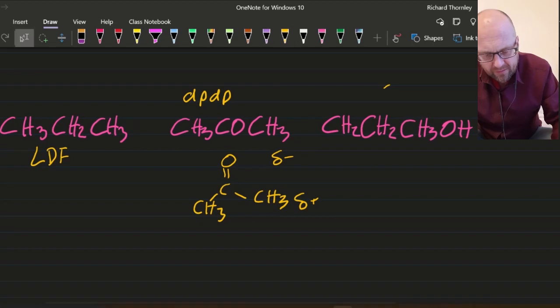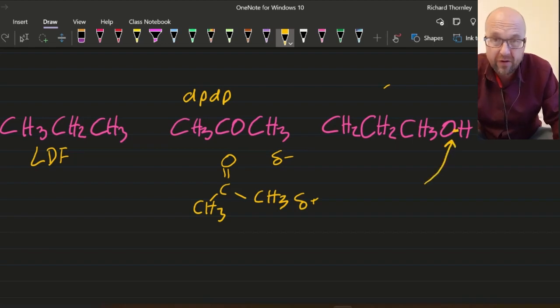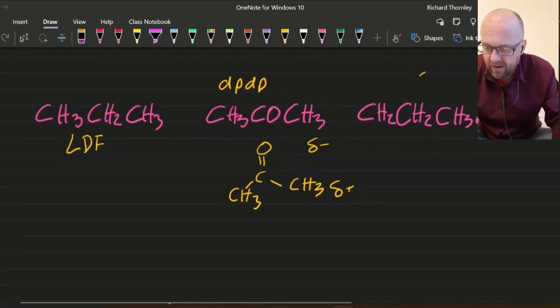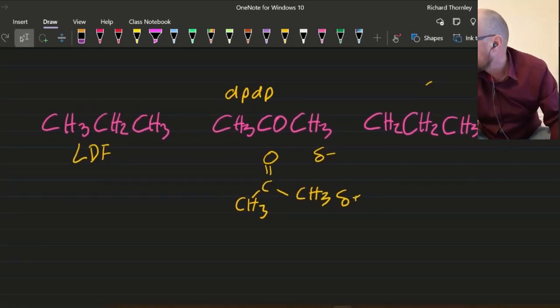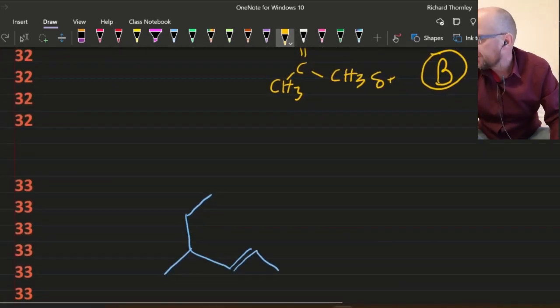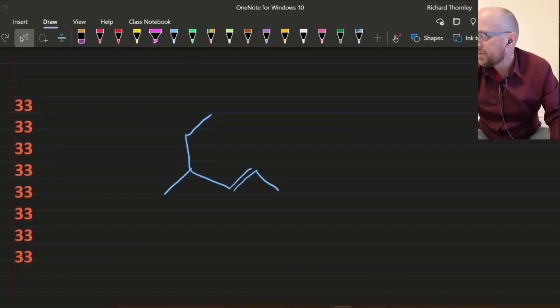And the last one is a propanol, and so that's an alcohol. So that can have hydrogen bonding. Is that a hydrogen bond? It is not a hydrogen bond. That's a covalent bond. Hydrogen bonds are between the molecules, not within. So that's the right order then. So CH3, so that's B. 32 is B.